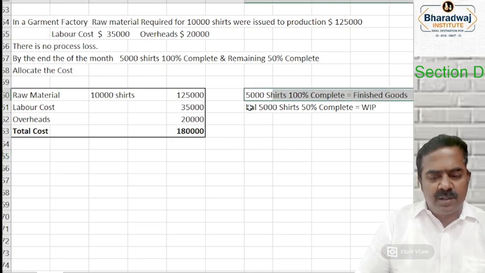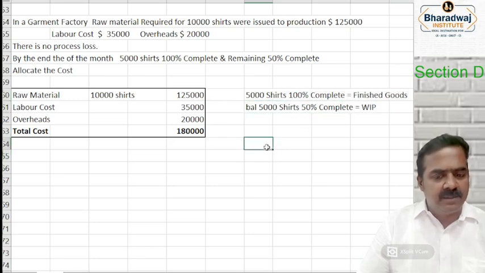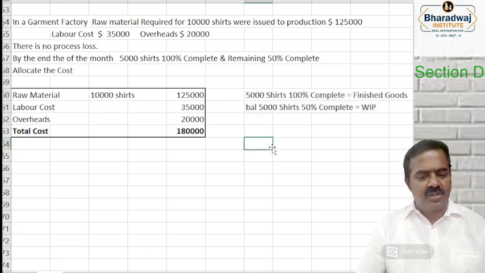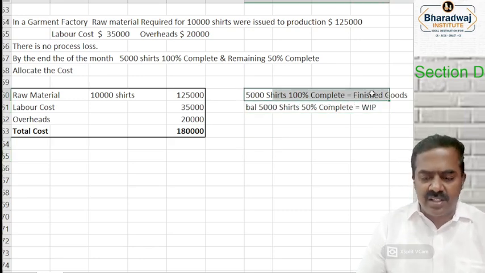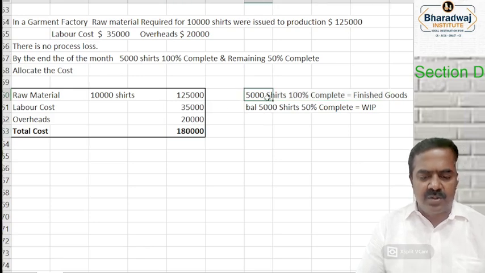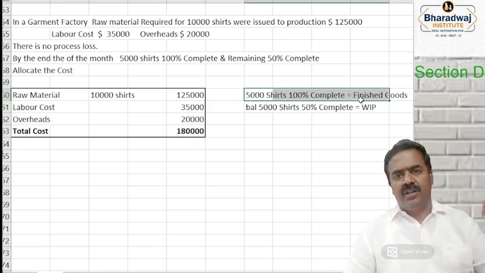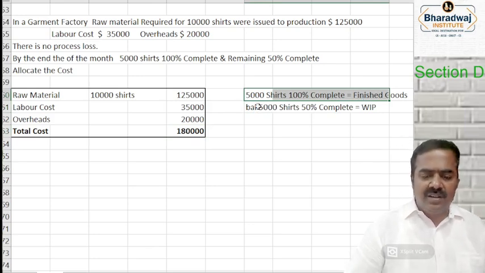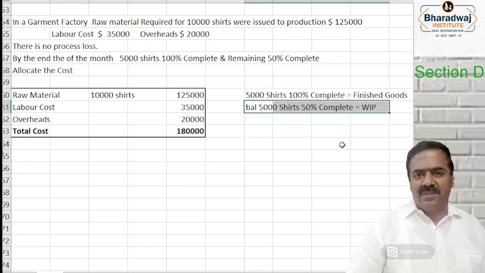This is 100% complete. This is only 50% complete. Will you allocate the cost equally? No. If you allocate equally, it will be 90,000 for this and 90,000 for this. A 100% completed shirt gets 90,000, and incomplete shirts also get 90,000. Is it logical?